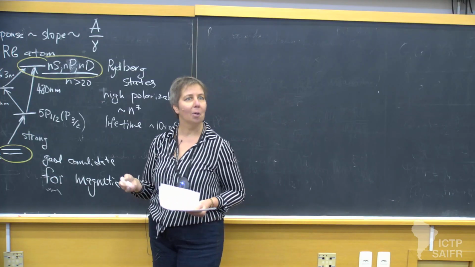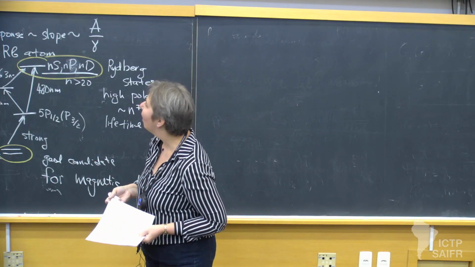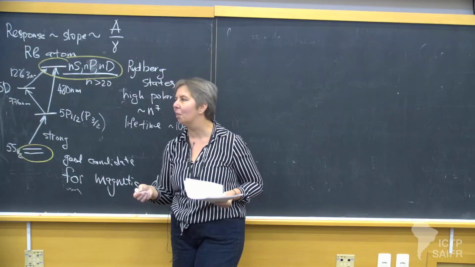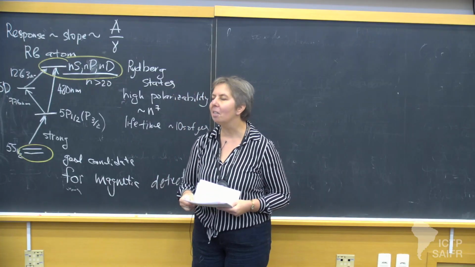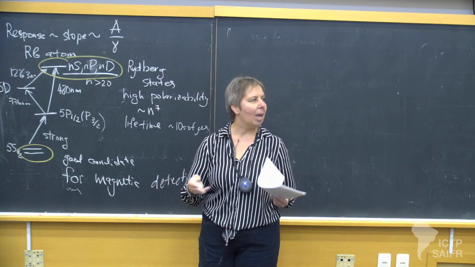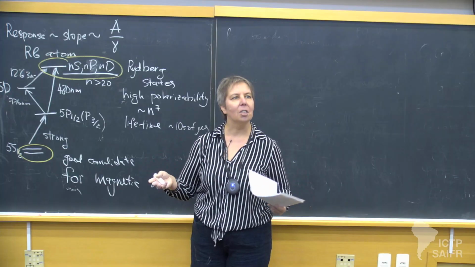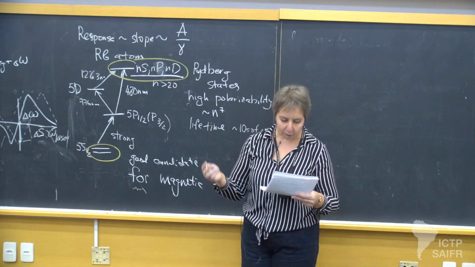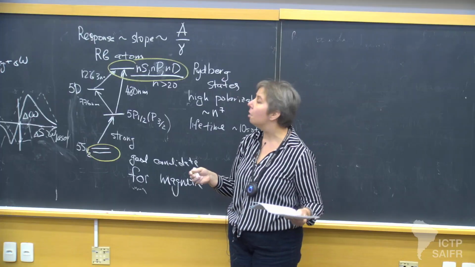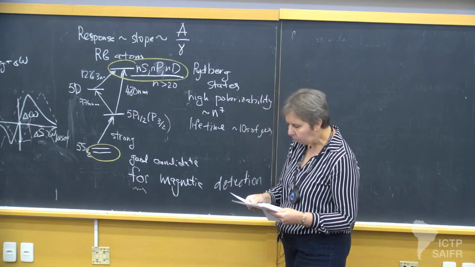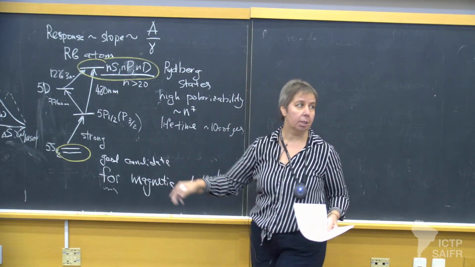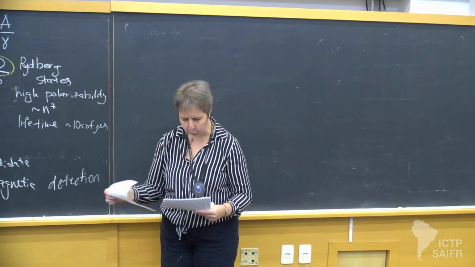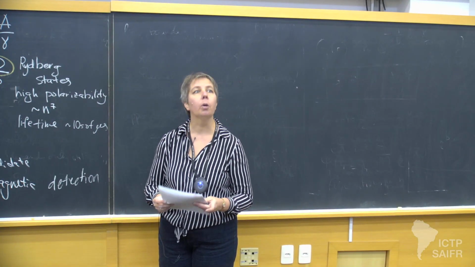Usually we talk about blackbody radiation in introductory physics. If you have anything at a certain temperature, it emits radiation. And we just said the Rydberg atoms are sensitive to this. So you can, in principle, try to detect it. Not an easy thing, but possible. And for motion we'll discuss, you can decide what you want to do. You can do all sorts of things. OK, so far so good?